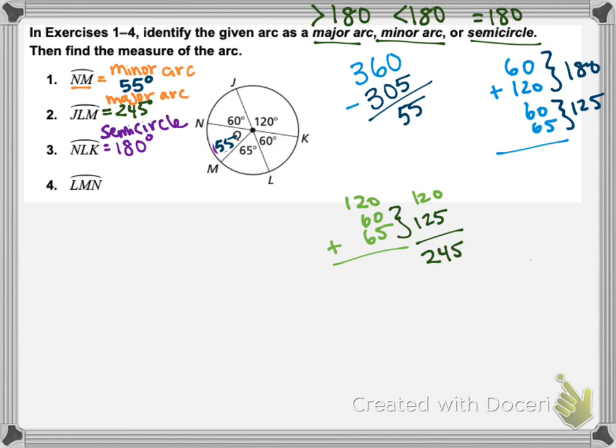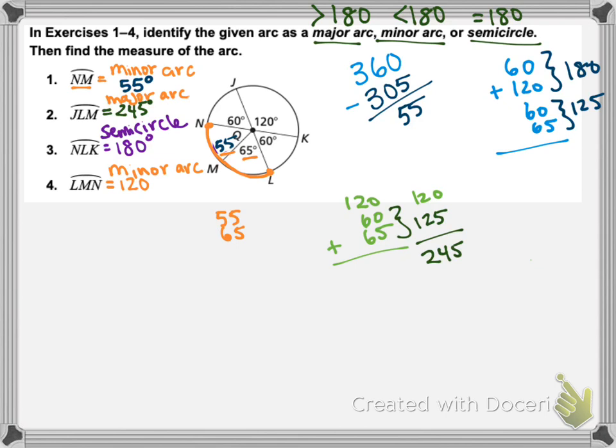And then the last would be LMN. So we're going to add 65 and 55. If I'm not mistaken, that's 120. Yep, 120, which is a minor arc. It's less than 180, so minor arc.